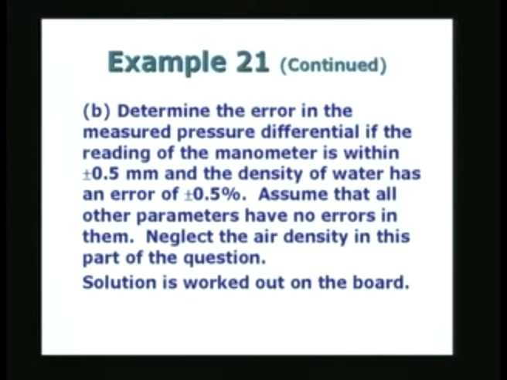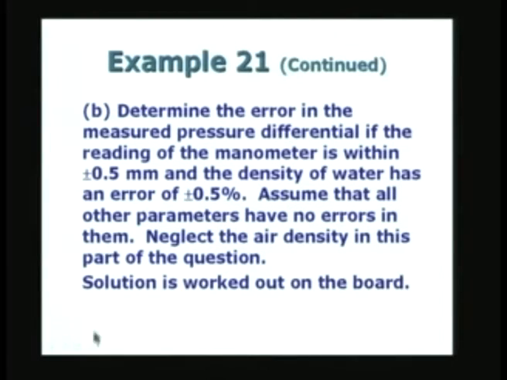If the value of temperature has an error, the density will have a corresponding error, and so on. For the second part of the problem, we will assume that all other parameters are subject to no error, and we will also neglect the air density in this part of the question, just to highlight some of the differences we find.